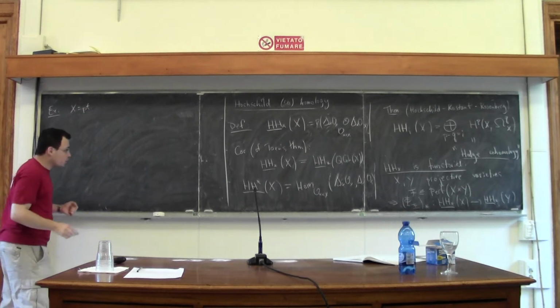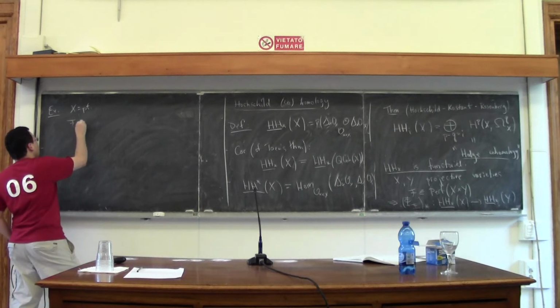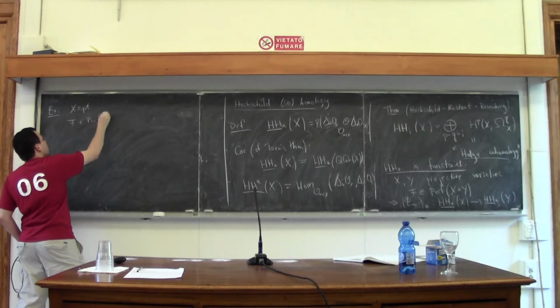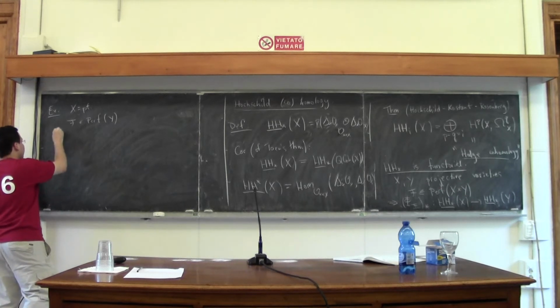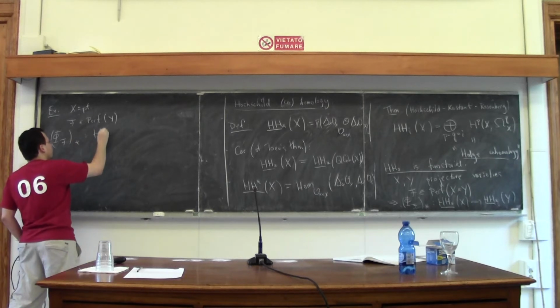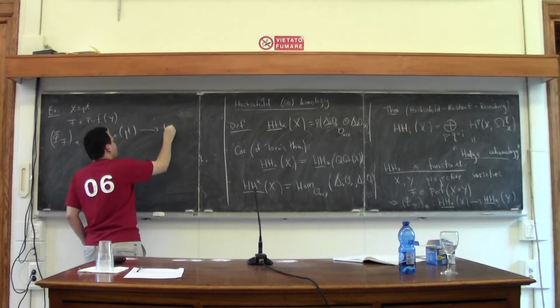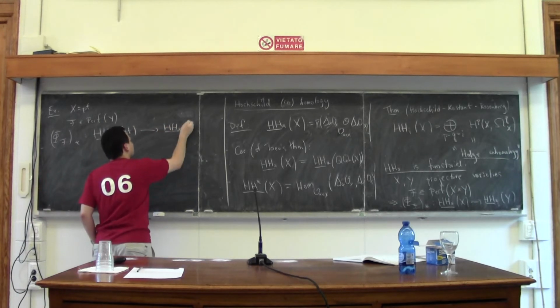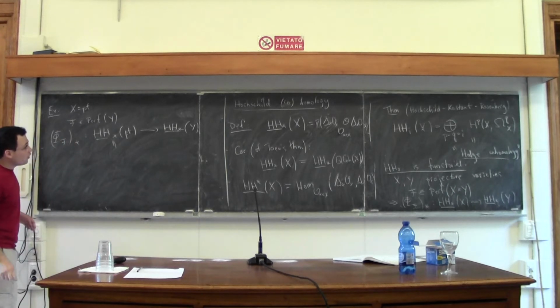What we get, for a perfect complex on Y, is a map from the Hochschild homology of a point to the Hochschild homology of Y. Hochschild homology of a point, what is it?